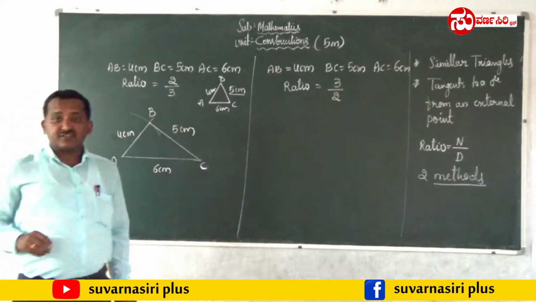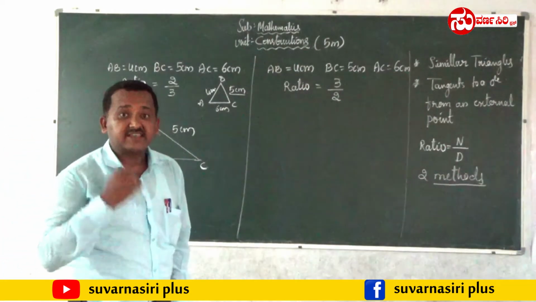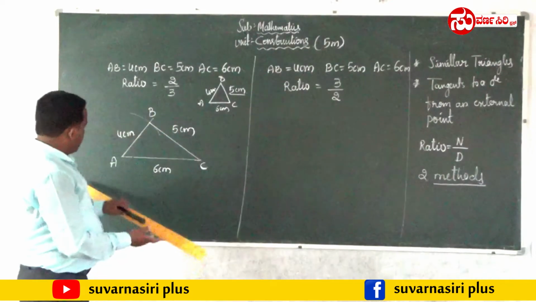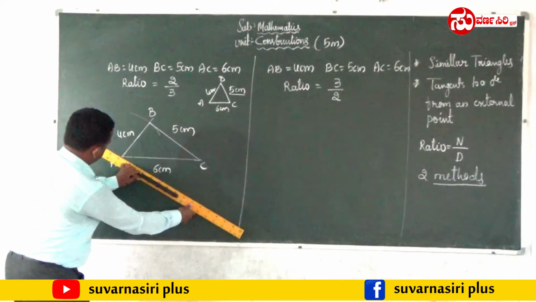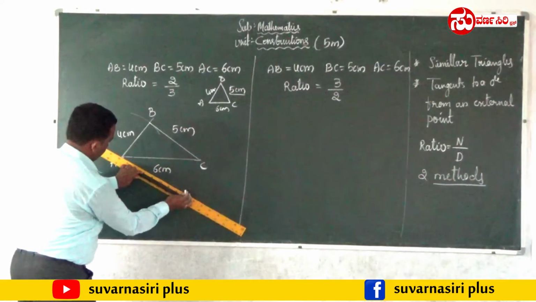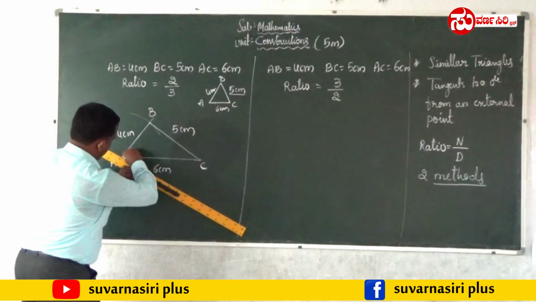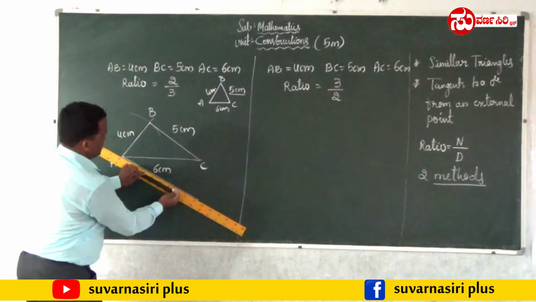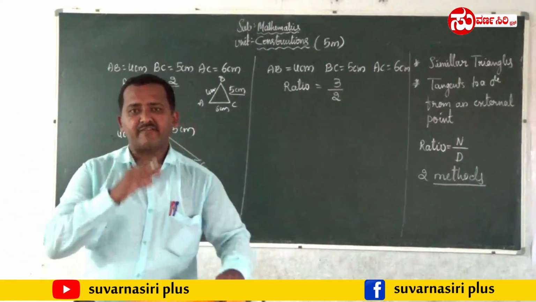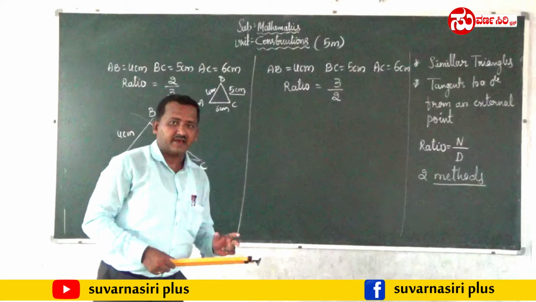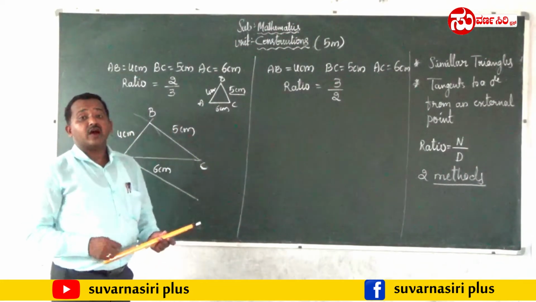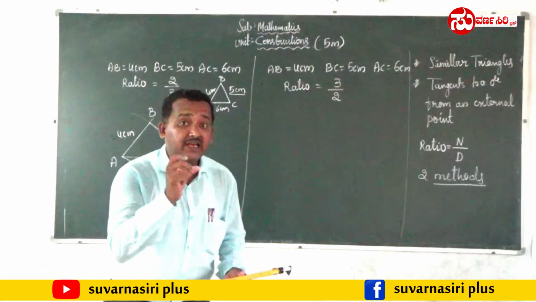After finishing the construction of a triangle, how are we to construct the next similar triangle? The first step is to draw a line which makes an acute angle. Just an acute angle on average; there is no prescribed angle. On average, draw one line, and that line you have to divide equally.